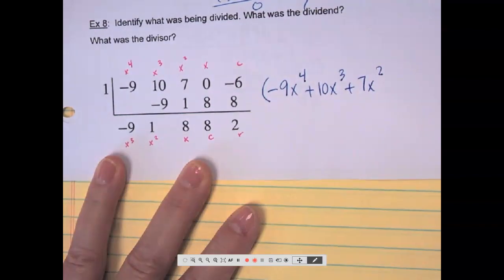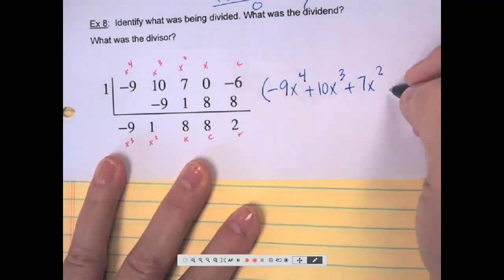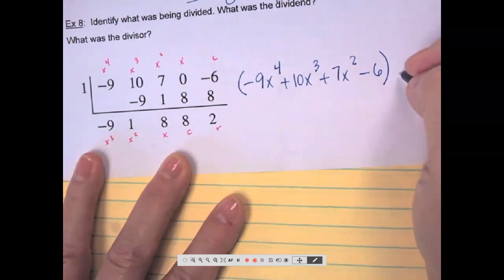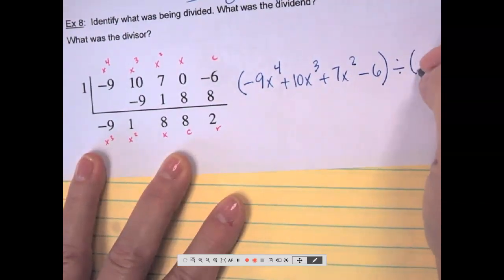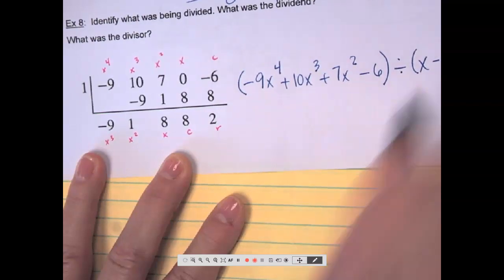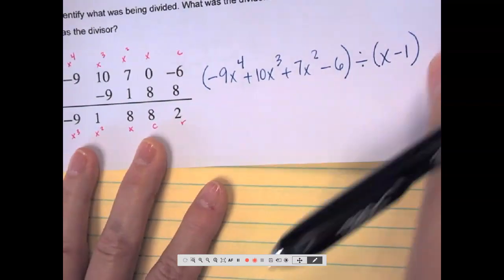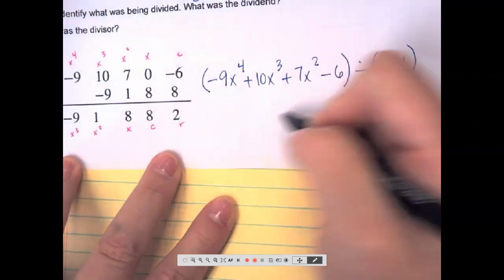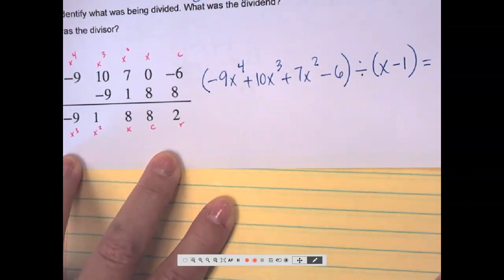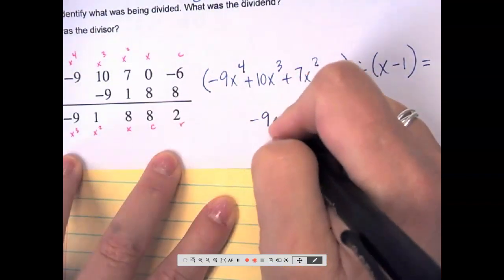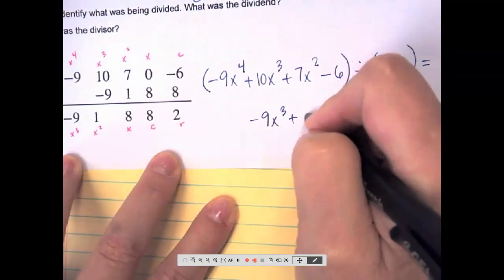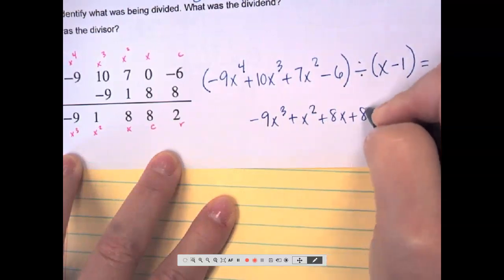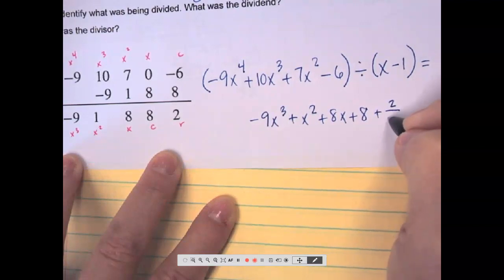No x, so you can put a 0x if you want, but I'm going to skip it and just put minus 6, divided by x minus 1. And then my answer was, I'll just put, equals negative 9x cubed plus x squared plus 8x plus 8 plus 2 over x minus 1.